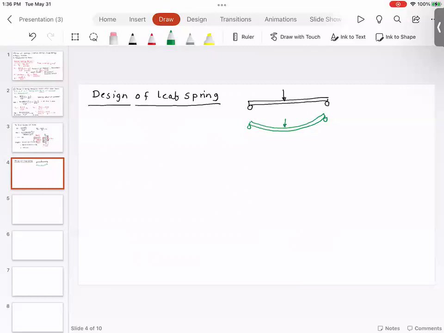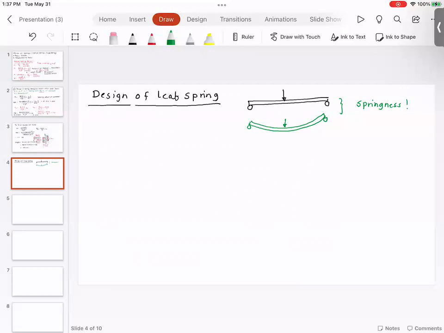You remove the load, the beam goes back to its original shape. So here there is something springiness. As long as the vertical deflection of the beam is within the elastic region, after removal of the load, the beam will go back to its original shape. So this is a very simple example of a leaf spring.